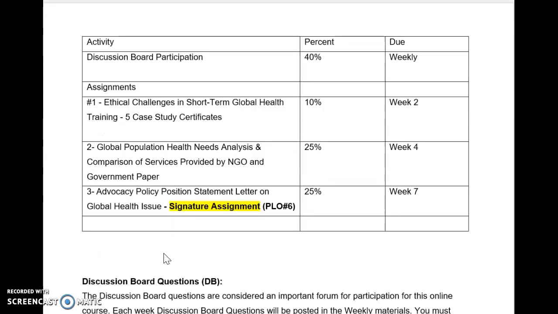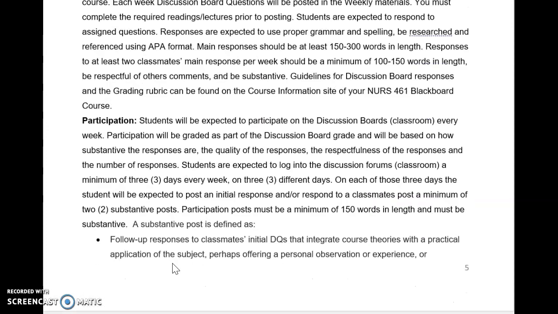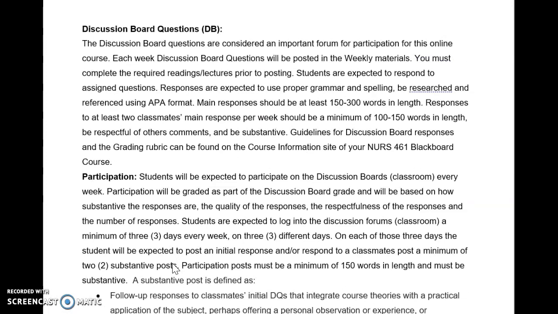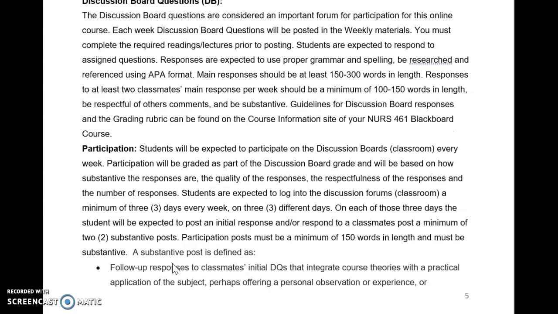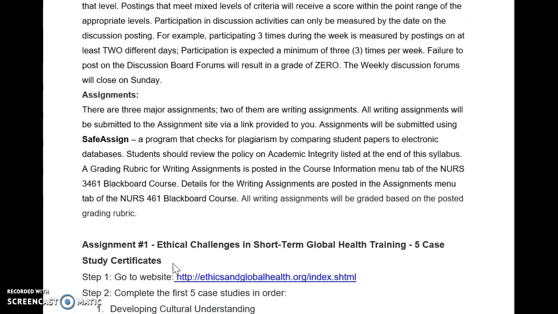The advocacy policy position statement letter on a global health issue is your signature assignment, and as you know, all signature assignments need to be uploaded into your e-portfolio. This is more discussion on the topic of discussion board questions. Again, you're not new to SPS, so I don't need to go through all of this. Regarding the discussion board, there are 3 major assignments. All are linked to SafeAssign.